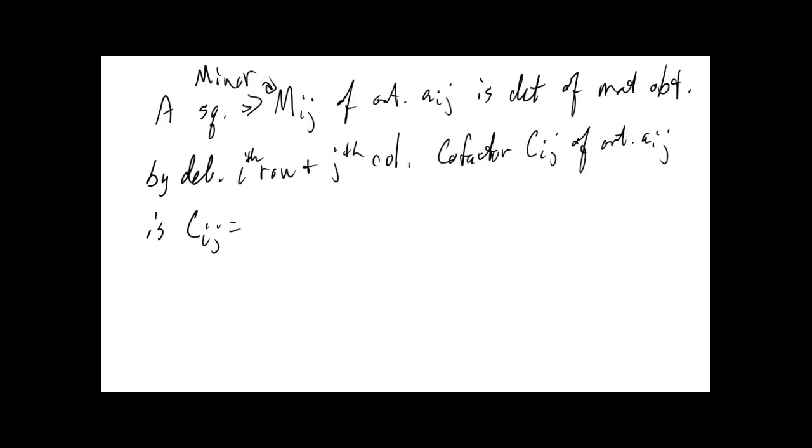So what is this cofactor? Okay, it's this. -1 raised to the ith plus jth power, times the minor ij.